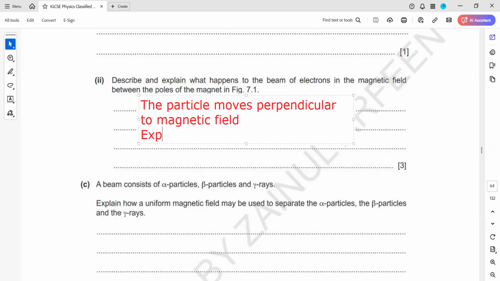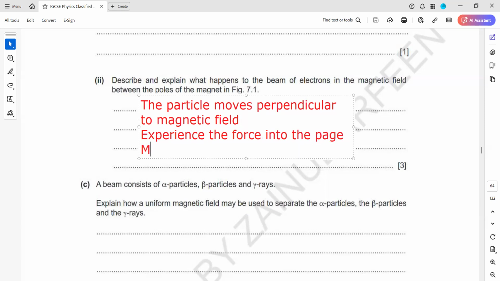It experiences a force, where it will experience the force into the page. And the third point, it will move perpendicular, or you can also say in a curved path.